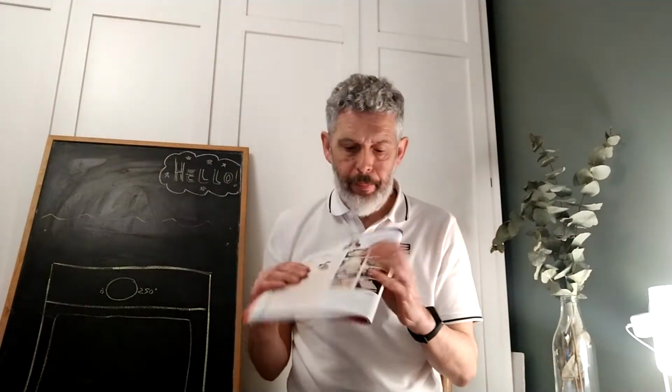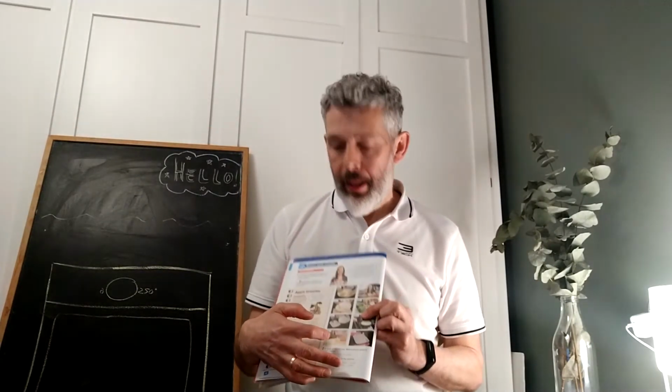Okay, so there we go. Let's check our answers. So, picture number 1 is D. Number 2, what do you think? That's right, G. What answer have you got for number 3? F, that's right. Okay, and for number 4?